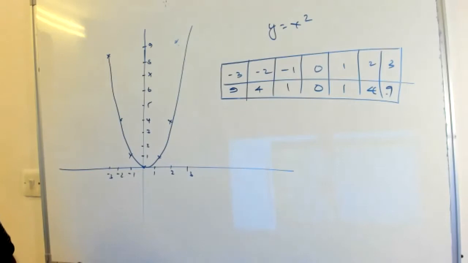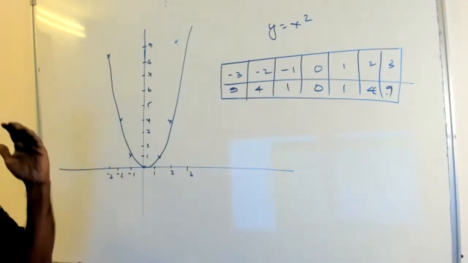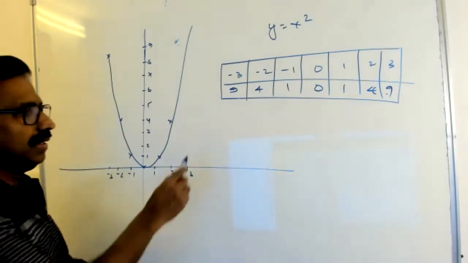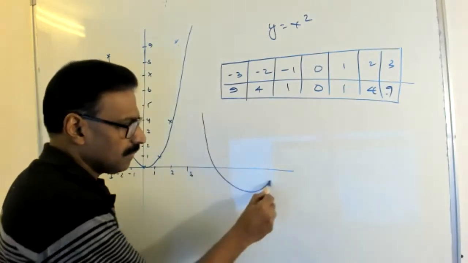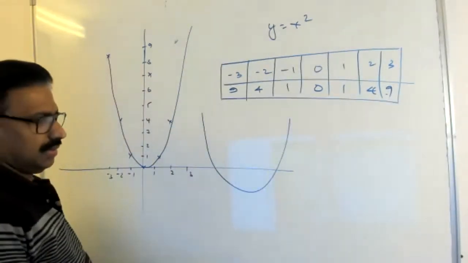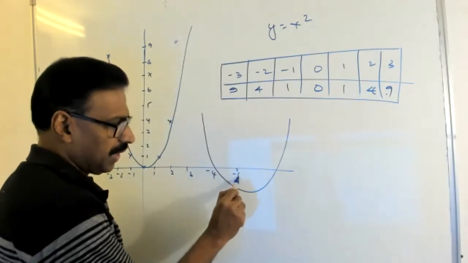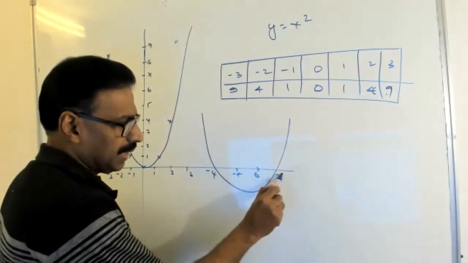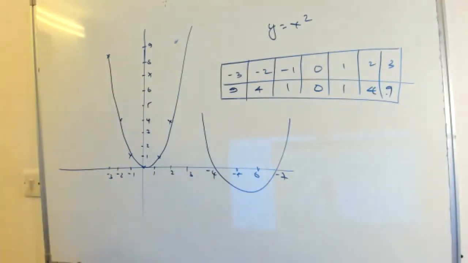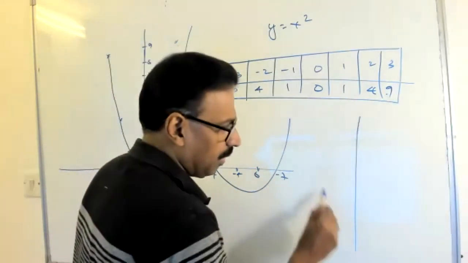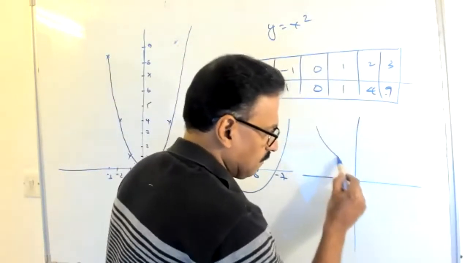It is not necessary that it always comes like this. Maybe it can come like this, crossing, and here, -4, -5, -6, -7, like that. It can be like this or it can be like this.